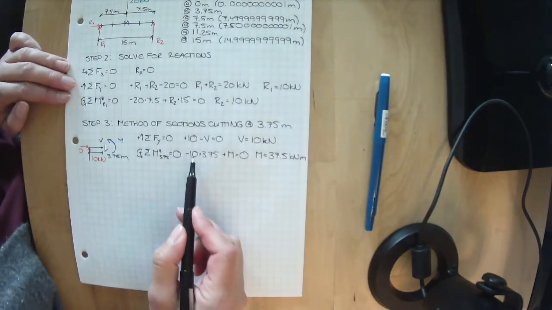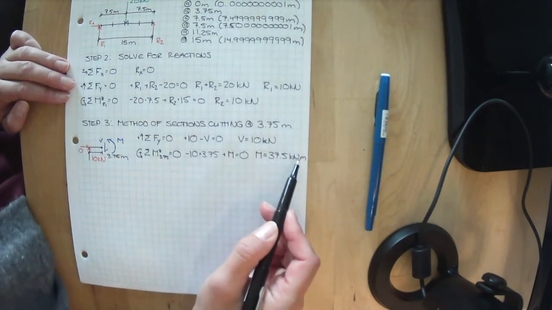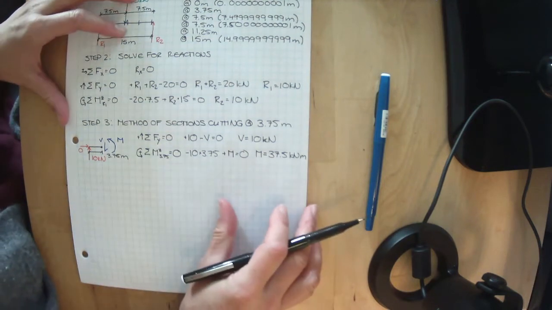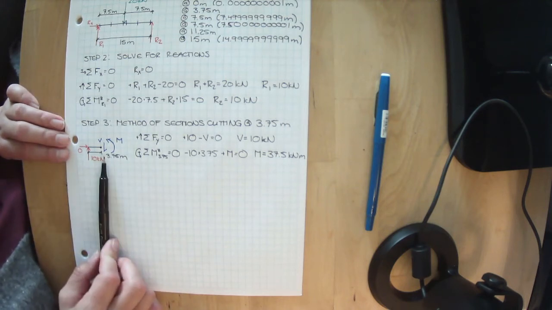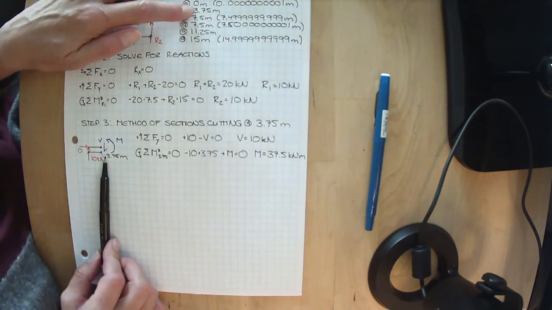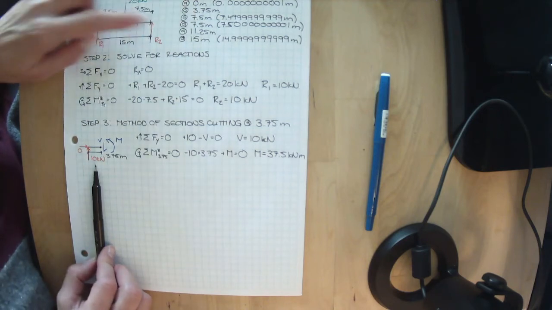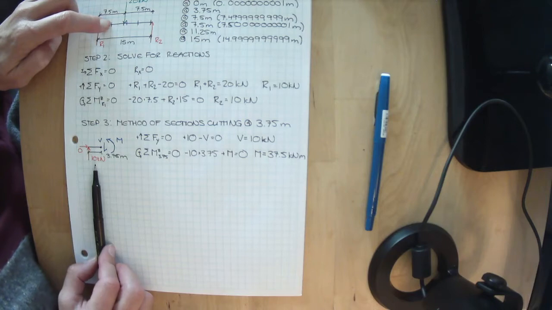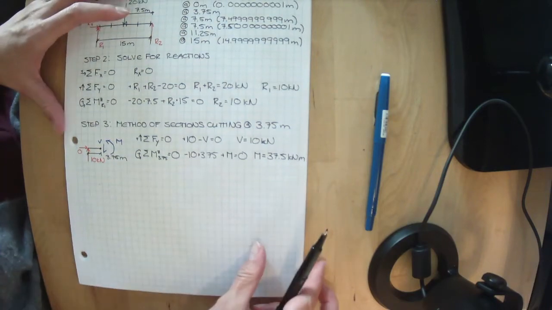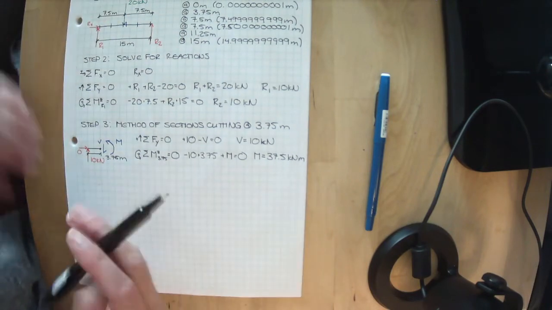Remember, it's a force times a distance, so our units are kilonewton meters. It's important to always keep track of your meters, or your units. Well, look at this. We have information. So at 3.75 meters, the internal force on this beam is 10 kilonewtons of shear and 37.5 kilonewton meters of moment. Great, we have some information.